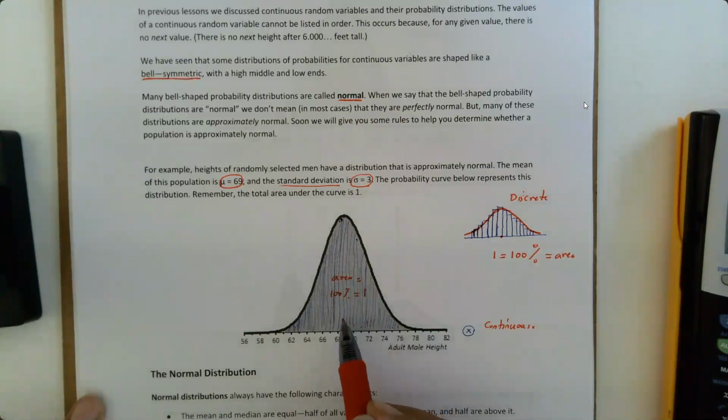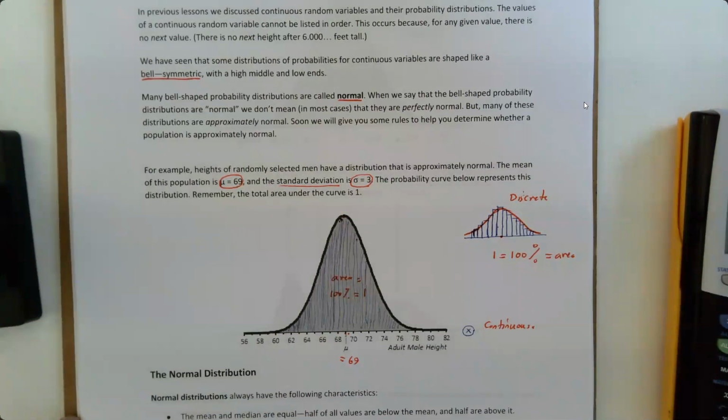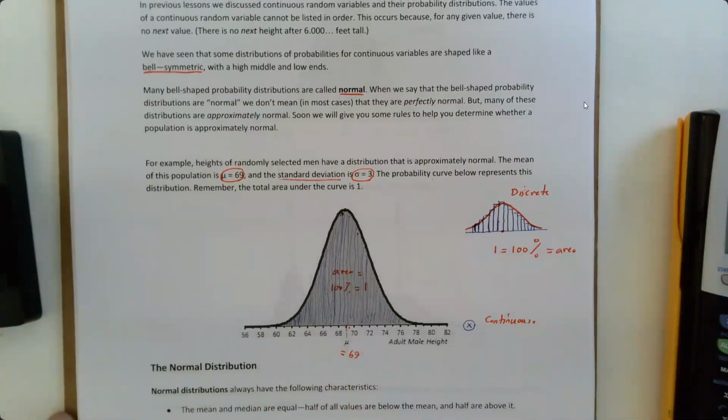Recall the example that we did in class for the number of residents in New York City. We added those probabilities together and it was equal to 100% or 1. It's true for any probability distribution.